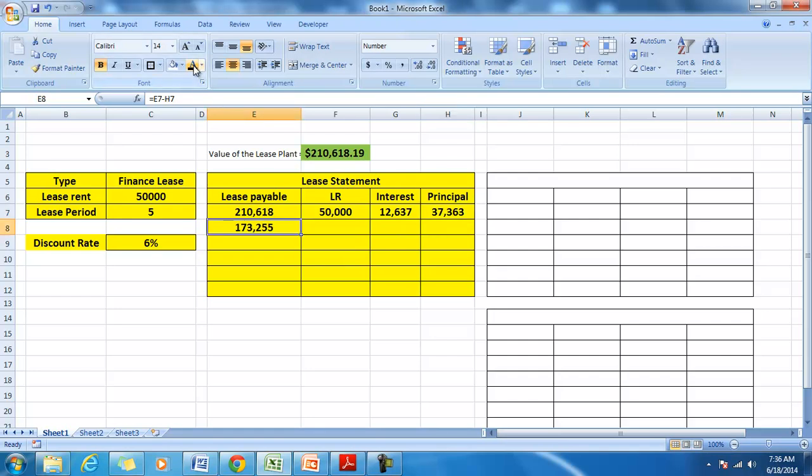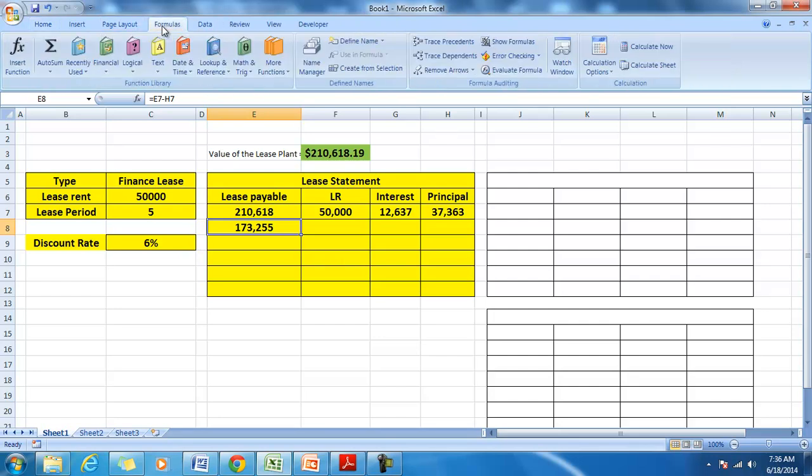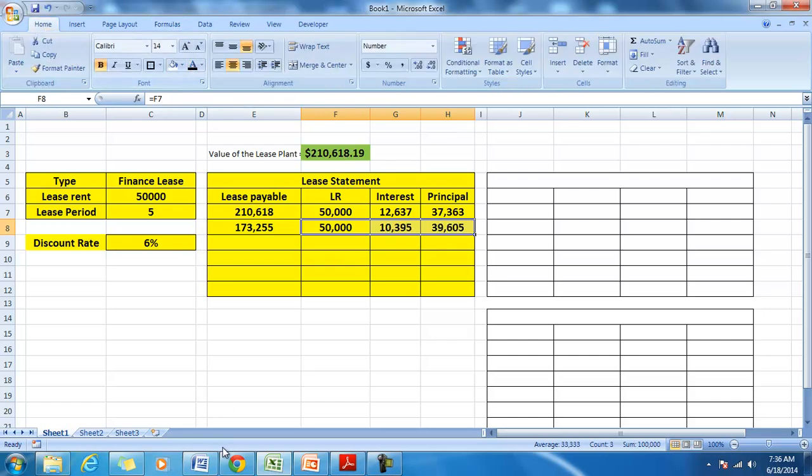The lease payable opening next year is equal to last year's lease payable minus the principal component of the lease rent, which is the closing. Once again, the interest will be calculated on this. So the lease rent for the next year and the corresponding interest and principal are calculated accordingly.